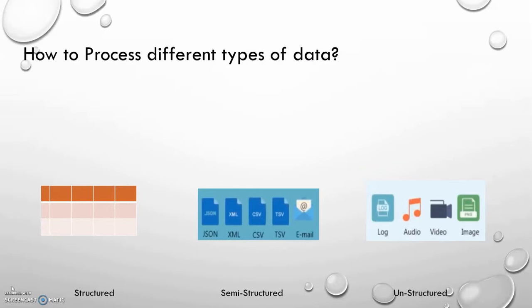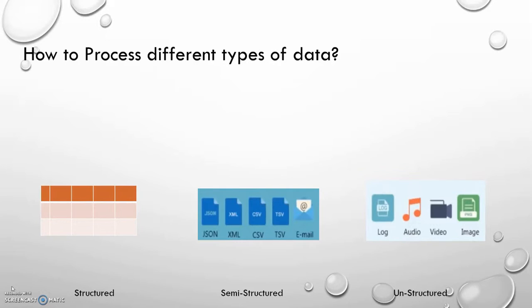Well, this big data can be categorized into three different parts. The first is structured data, which is usually in the form of tables with rows and columns, which can be easily analyzed. Another form is semi-structured data, which is in the form of JSON, XML, CSV, and TSV files.